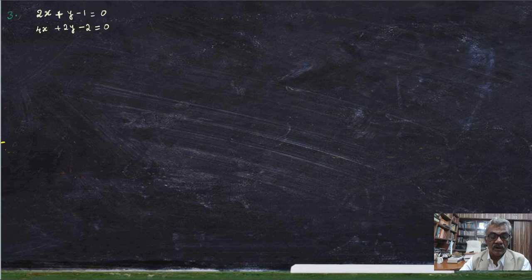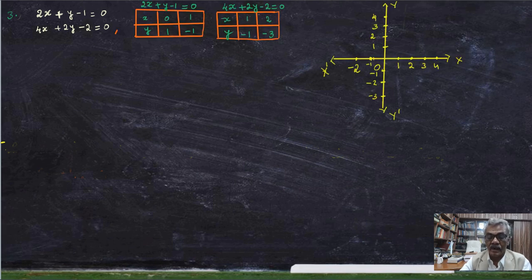Consider the third example, 2x plus y minus 1 is equal to 0, and 4x plus 2y minus 2 is equal to 0. We will have a table for these two equations, along with the coordinate axes. For 2x plus y minus 1 is equal to 0: x is equal to 0, y equal to 1; x is equal to 1, y is equal to minus 1.